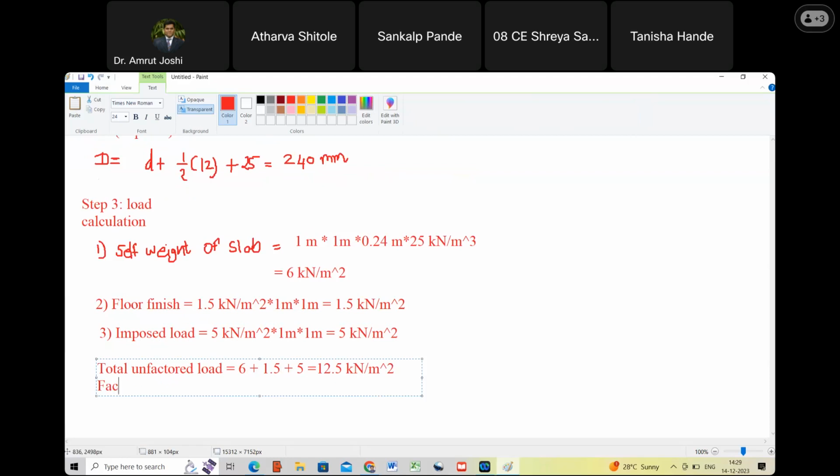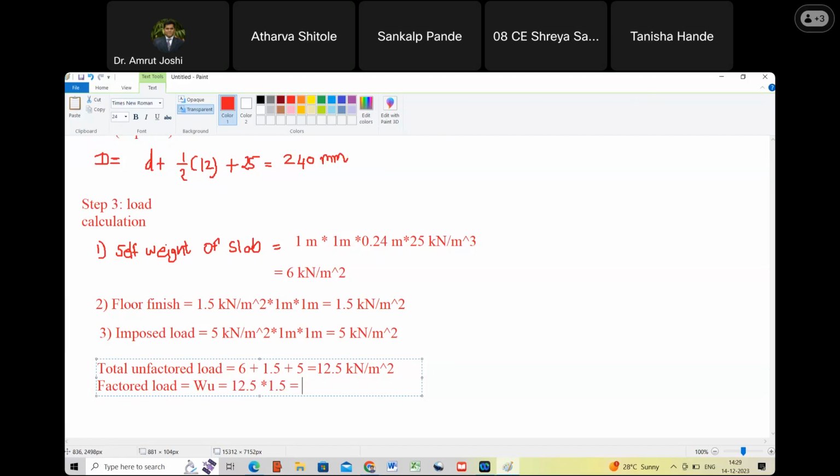Now let us consider factored load. We will denote it by notation Wu. And what is that factored load? 12.5 multiplied by partial safety factor for load, which is 1.5. That turns out to be how much? Tell me. Sir, it is 18.75.